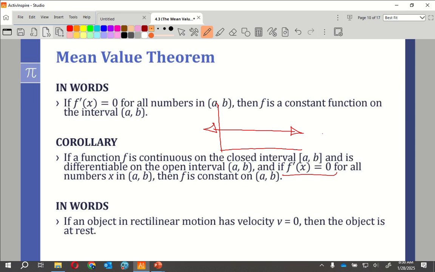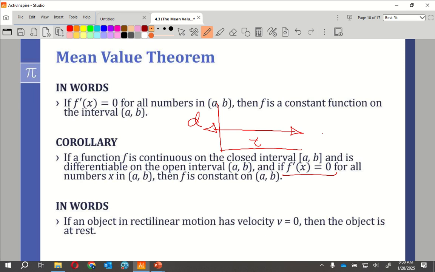If an object in rectilinear motion has a velocity of 0, then the object is at rest. So if this is distance over time, is the distance increasing? Distance is not increasing, is it? Is time increasing? Yes.